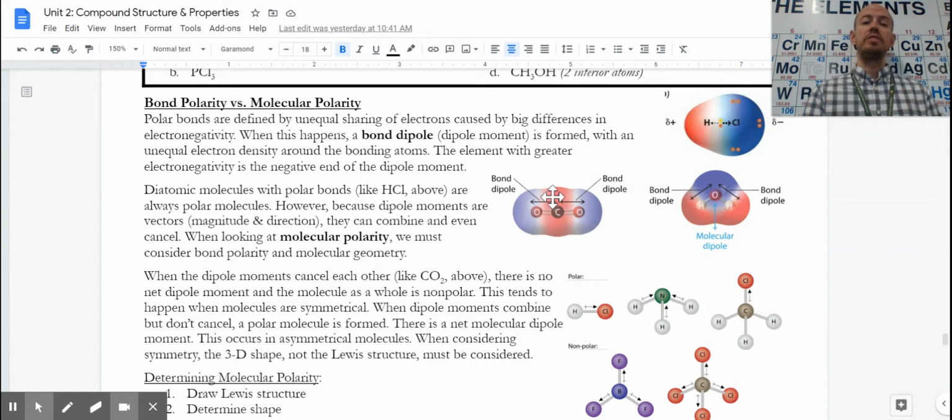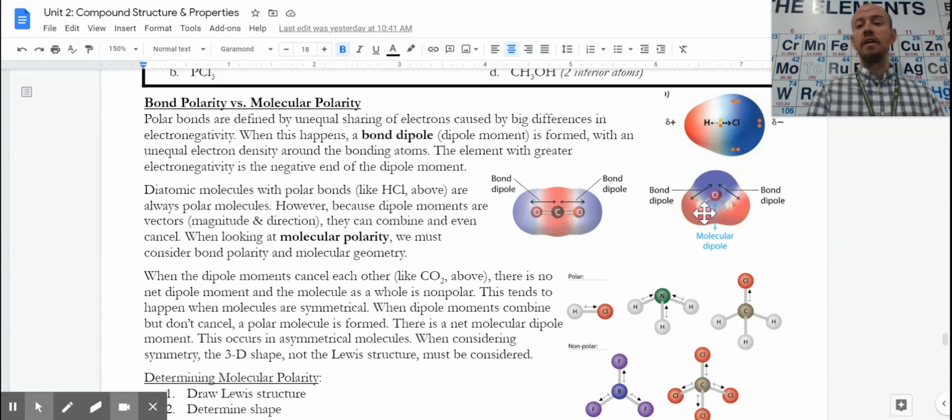In CO2, the bond dipole to the left is exactly equal and opposite to the bond dipole to the right. They would perfectly cancel one another out, and we no longer have an end which is negative and an end which is positive. A magnet has a north and south pole. For a molecule to be polar, it has to have a positive and negative end, and that's not the case here. We don't have a red and a blue side.